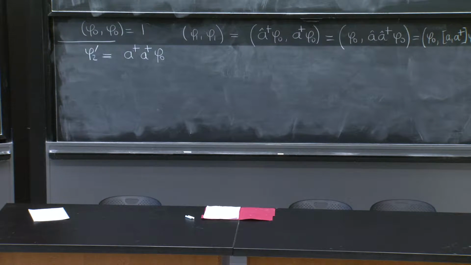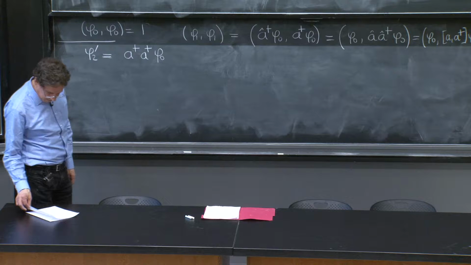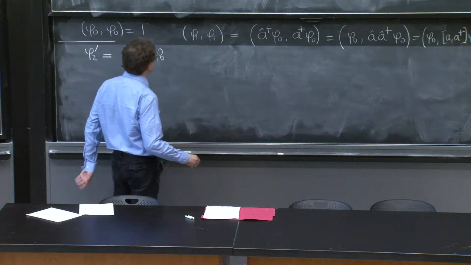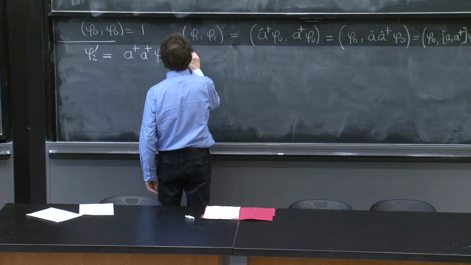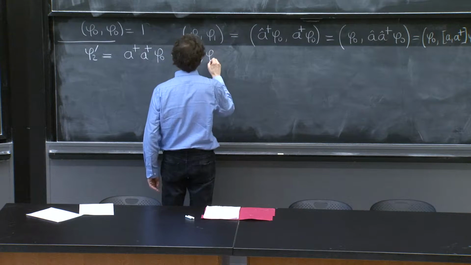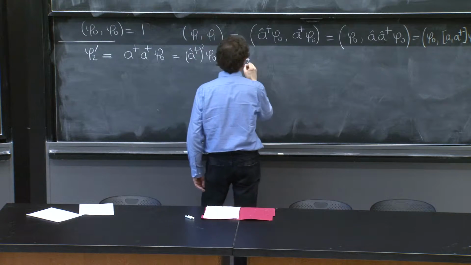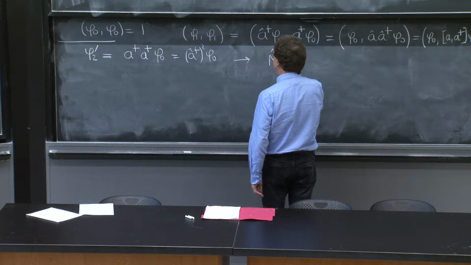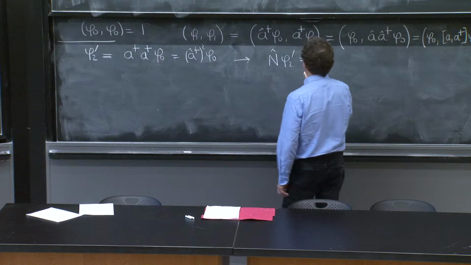And now I want to see if this is an energy eigenstate. Well, this is a dagger squared on the vacuum. So let's ask, is phi 2 prime an eigenstate of n hat?